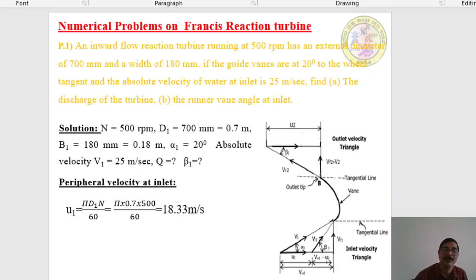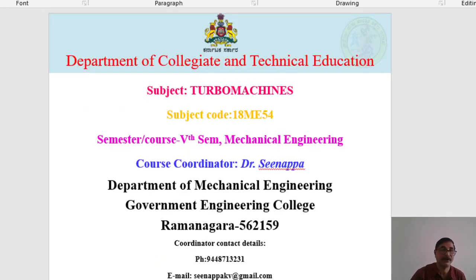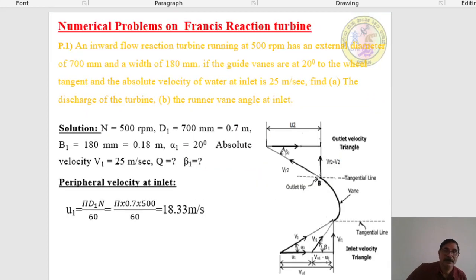Now let us solve a few numerical problems on turbines. Let us look at problem number 1.